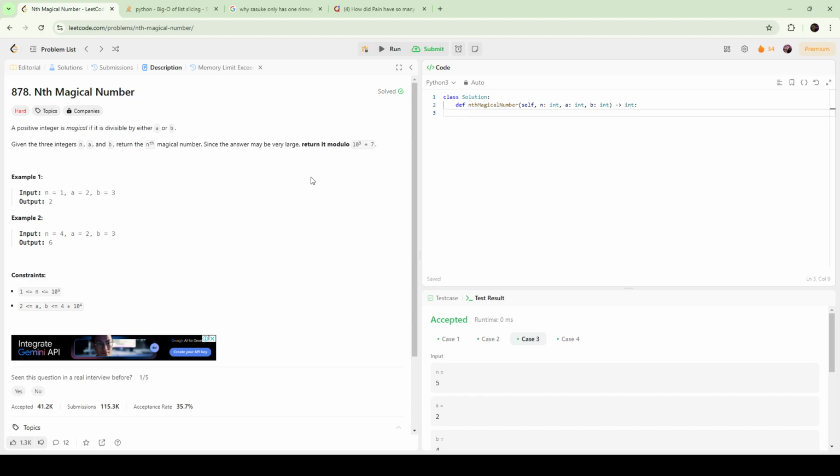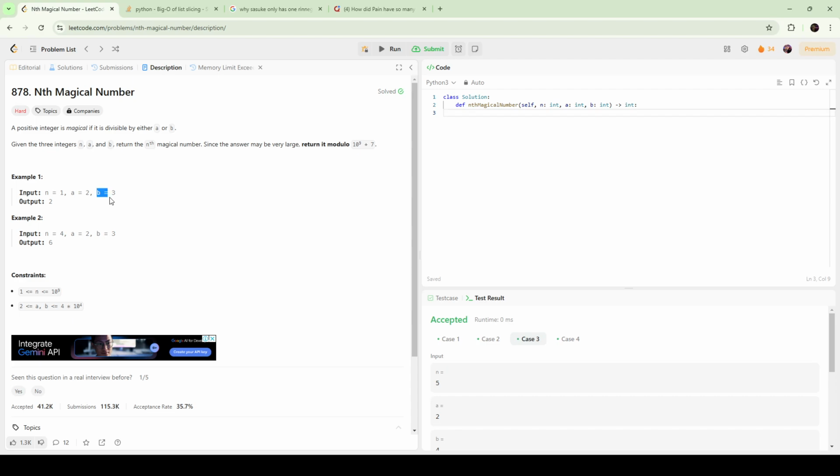So the lower bound could be the minimum of a and b, and the upper bound could be the maximum of a and b multiplied by n. So what do I mean by that? The nth number cannot be larger than the maximum of a and b multiplied by n. Why is that?